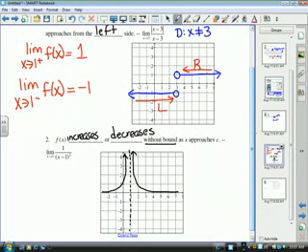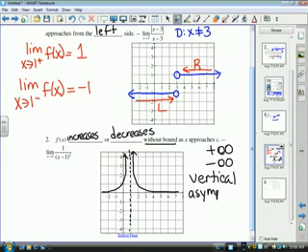What does that really mean? Yeah, it's either going to infinity or negative infinity. In other words, we have a vertical asymptote. So that limit does not exist because it does not go to a real number. Now, technically, you could say this answer is positive infinity, but you also could say it does not exist.